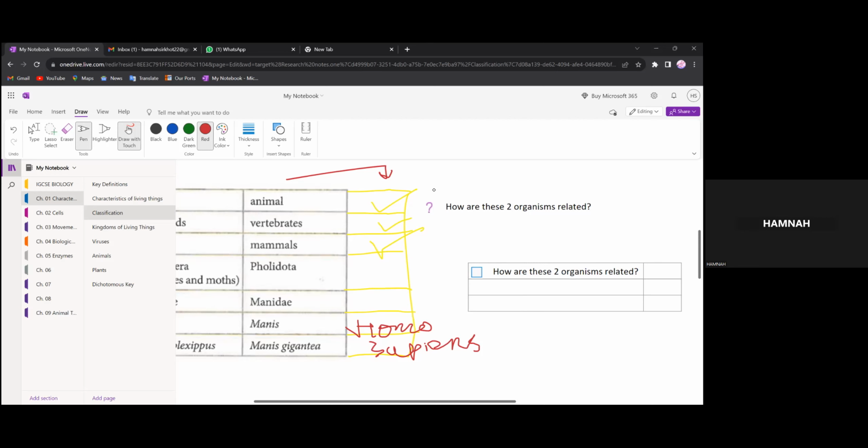All of this part relates us to Manus gigantea. Humans and Manus gigantea are only similar because they are both categorized till mammals, and after mammals, all of the things are different. This would be different, and this would also be different.